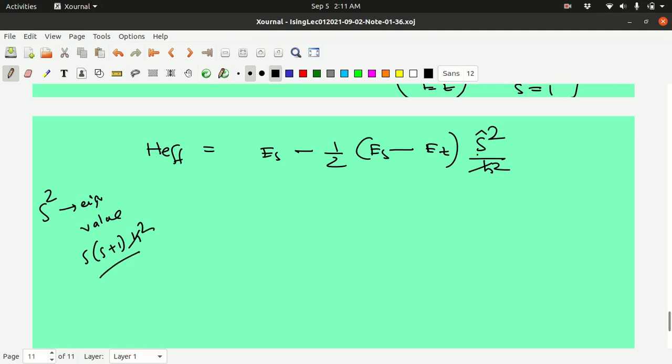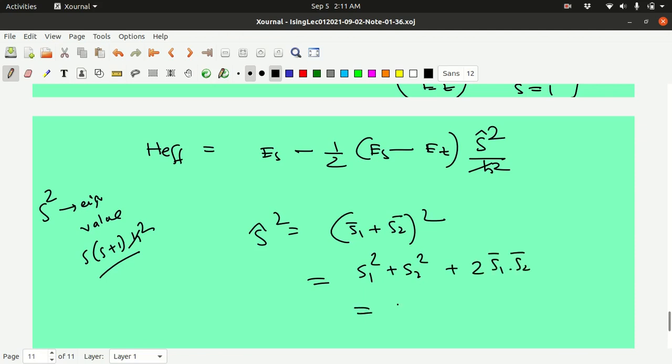So S into S plus 1 will be equal to S square by h cut square, and then you can write S square equal to (S1 plus S2) whole square, which is S1 square plus S2 square plus 2 S1 dot S2. If you substitute in this eigenvalue formula, the eigenvalue of S1 square will be 3 by 4 h cut square, and the eigenvalue of S2 square will also be 3 by 4 h cut square.